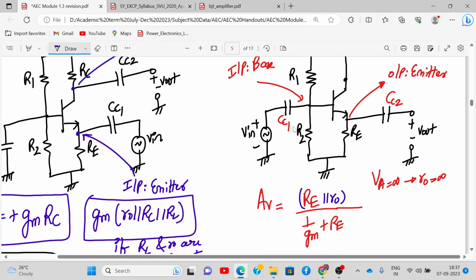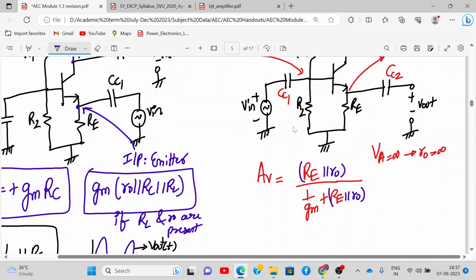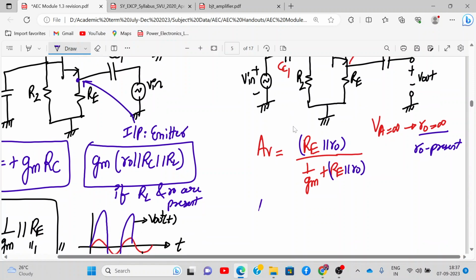This, parallel to ro. If RL is present, then again ro parallel to RL. So this is the formula for Av. If ro is infinite, just remove it. So this is ro present, and if ro is not present, then the formula will be this.